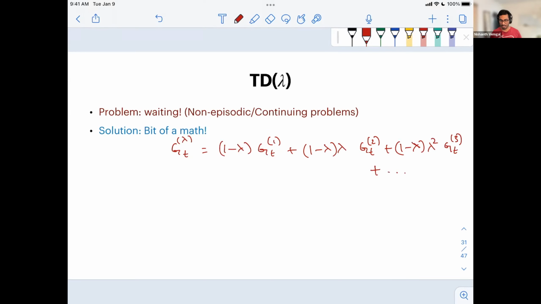What I'll do next is expand each of these returns as a sum of rewards and then value function. By the way, most of the math that I'll be doing now will be used in the GAE paper as well, so I'm going to skip it when I'm talking about GAE. So I'll go into detail here.